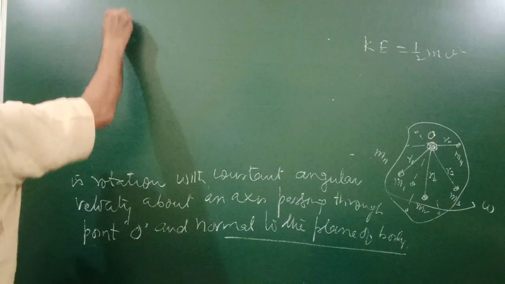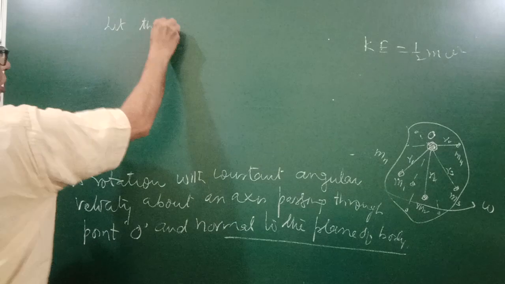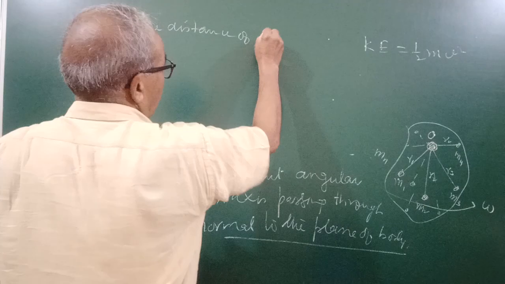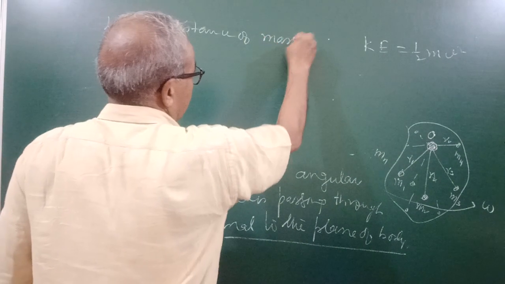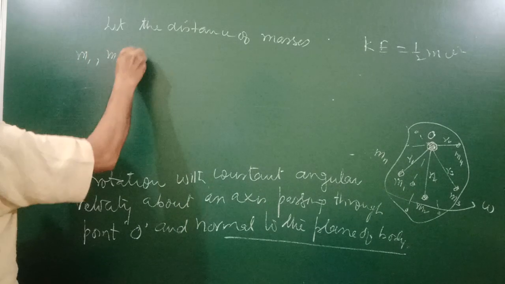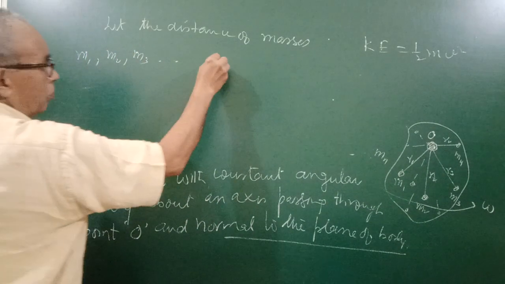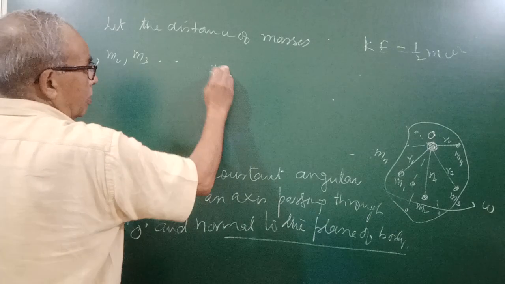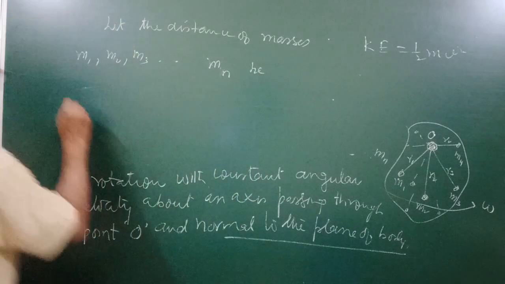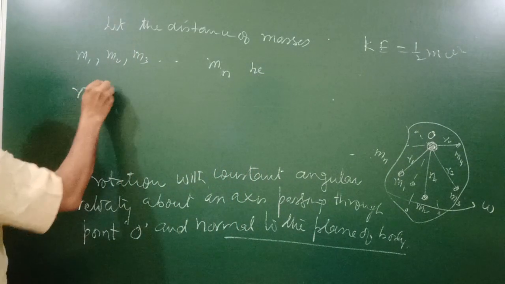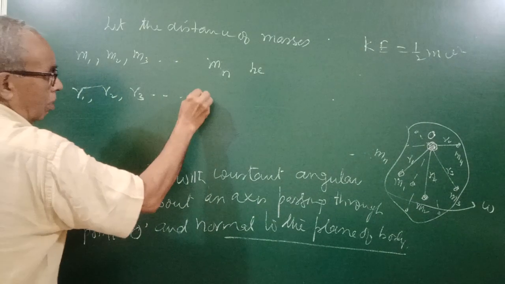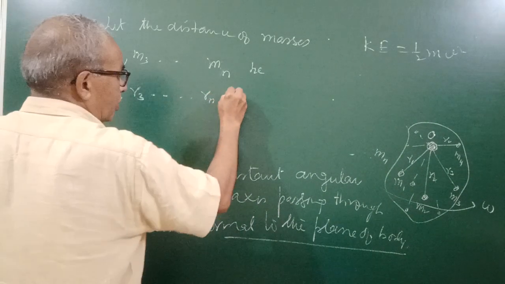Let the distances of masses m1, m2, m3, and so on up to mn be r1, r2, r3, and so on up to rn respectively.